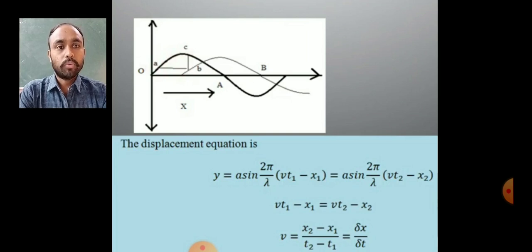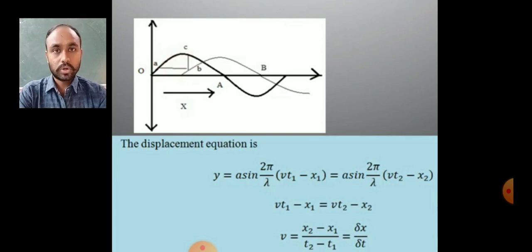That means whatever this V is, it is not the particle velocity. This velocity is the wave velocity. That means V is the velocity with which the wave is traveling along the x direction. That is not the particle velocity, but we know that our particles are performing simple harmonic motion along which direction?